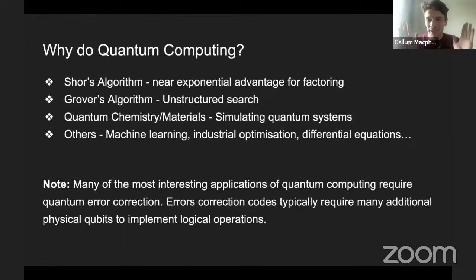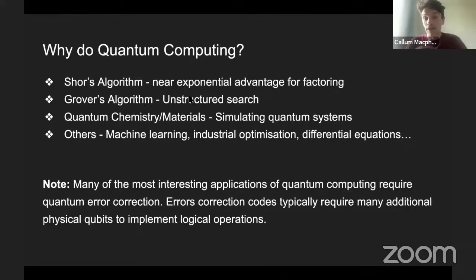I assume that some of you have some idea of why we are interested in quantum computing, but just as a recap, the primary reason is that for certain specific problems, quantum computers offer computational advantages compared to classical algorithms. There are some canonical examples of this. Shor's algorithm is a very famous example.